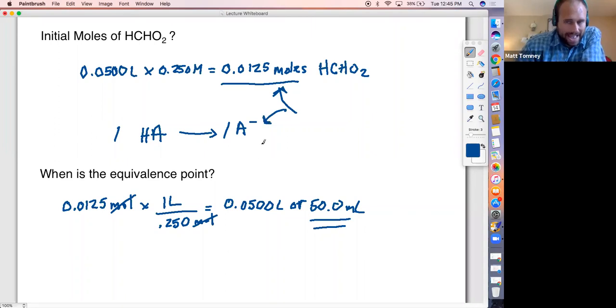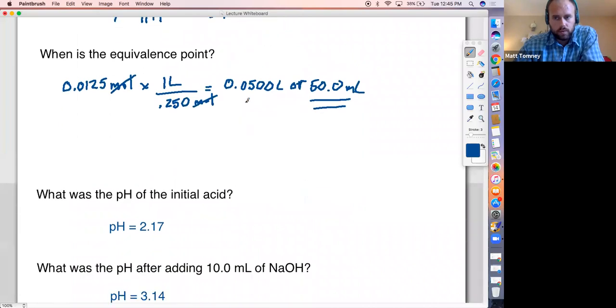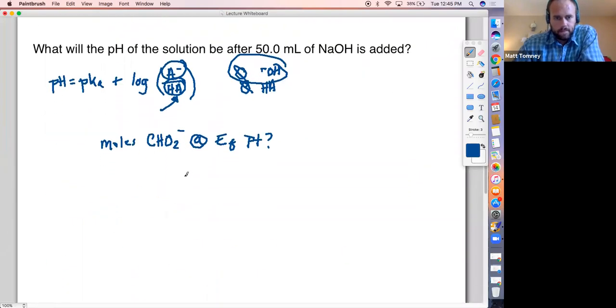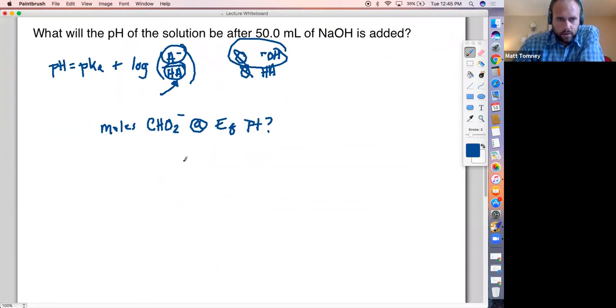So at equivalence point only, the amount of the formate ion is equal to the initial amount of the formic acid. So it's going to be 0.0125 moles, okay? So we know that.